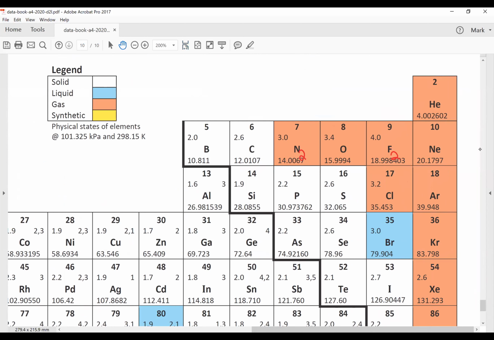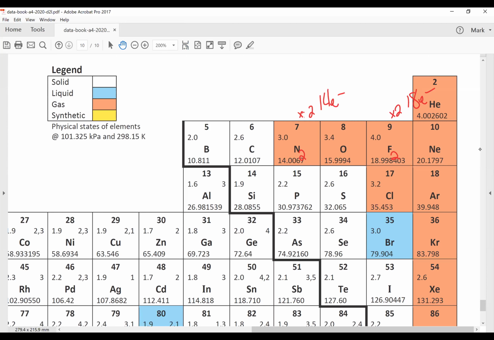Well, this is pretty easy. N2 has 14 electrons, right? I'm multiplying by 2 because I have 2 nitrogens. So 7 times 2 is 14. Okay, well, what's 9 times 2? 9 times 2 is 18 electrons.